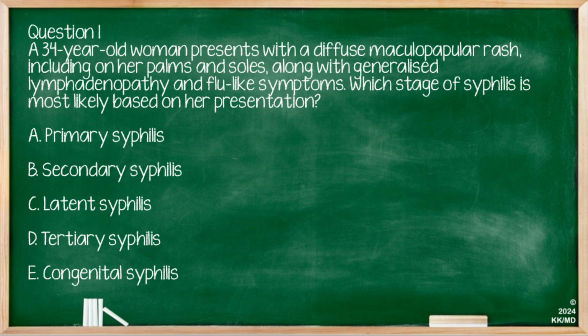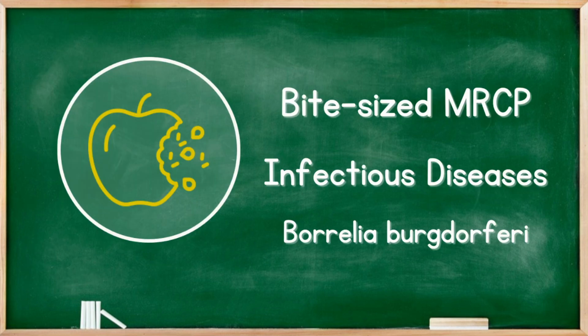And more importantly, classically, the way that they are describing the scenario to you, with the presentation of the diffuse maculopapular rash affecting the palms and the soles and generalized lymphadenopathy, is really quite classic for secondary syphilis, in which you have the mucosal involvement and you have non-specific constitutional symptoms such as fever, malaise, and lymphadenopathy. Therefore, the correct option is going to be option B for secondary syphilis.